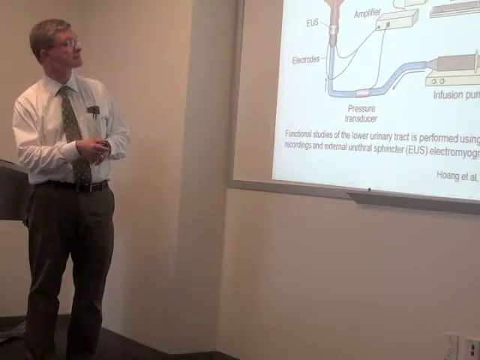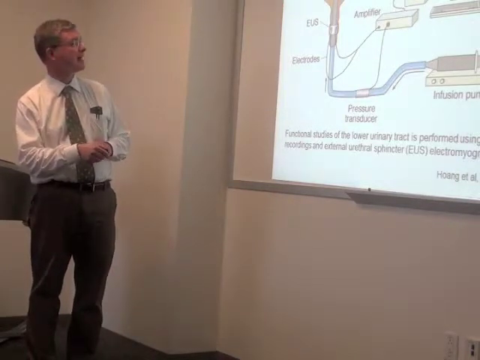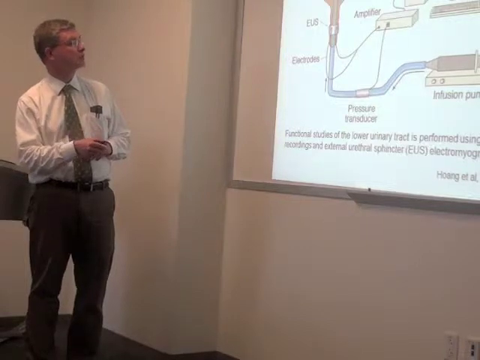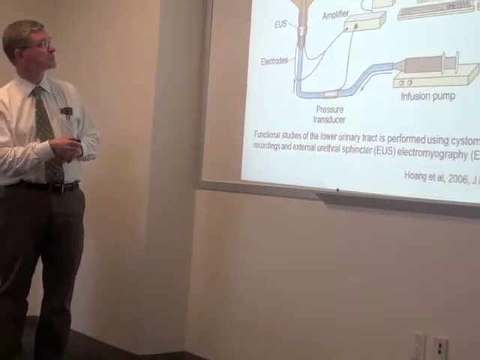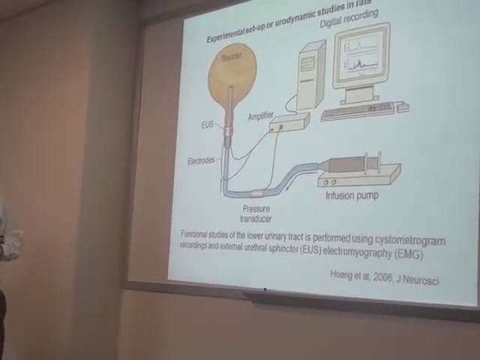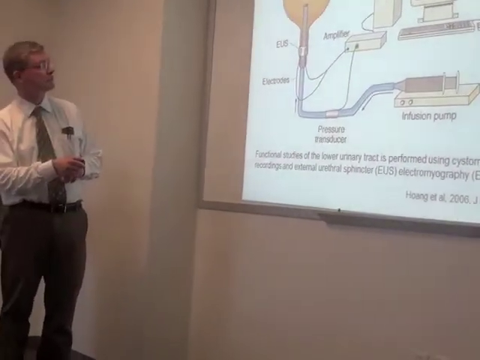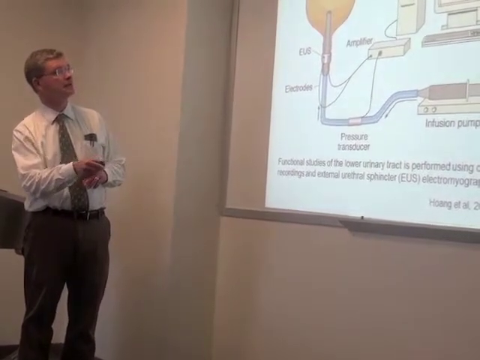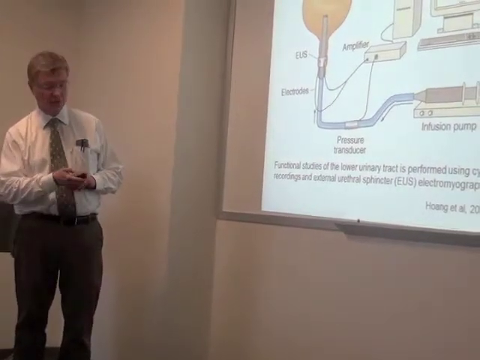What this study does is put a catheter into the bladder. We can record pressures, and we can also record muscle activity, or EMG, electromyography, from electrodes in real time, and we can look at these relationships digitally on the computers.